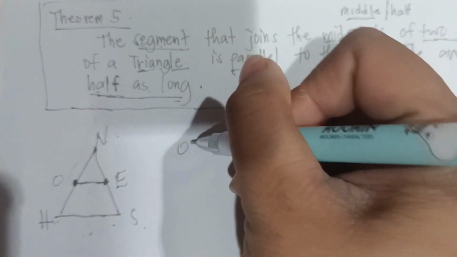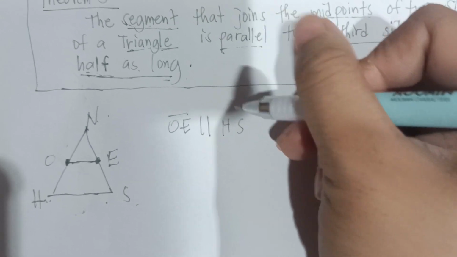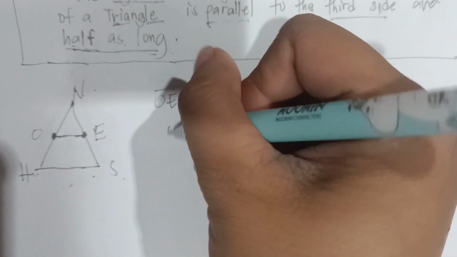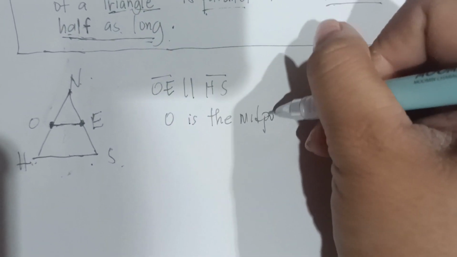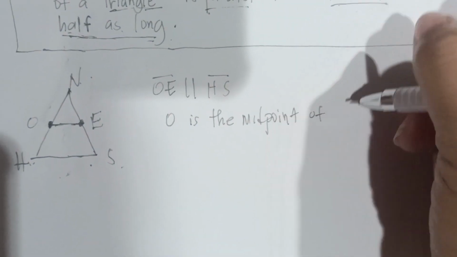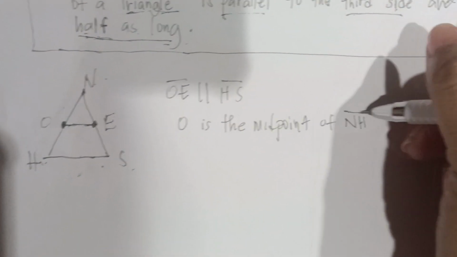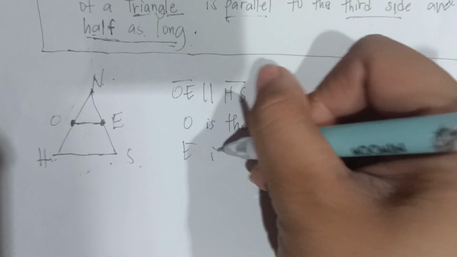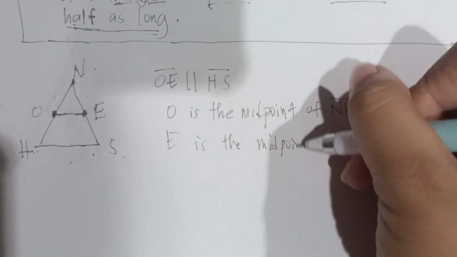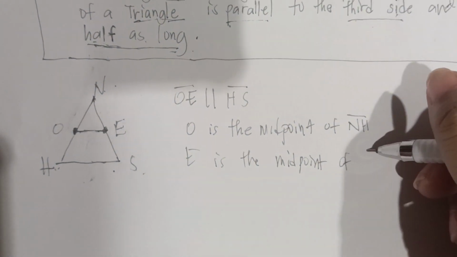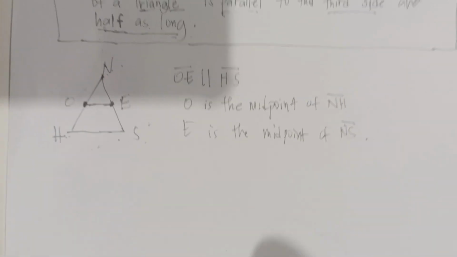So here we can state that side OE is parallel to side HS, and point O is the midpoint of side NH, while point E is the midpoint of side NS. That is our given.